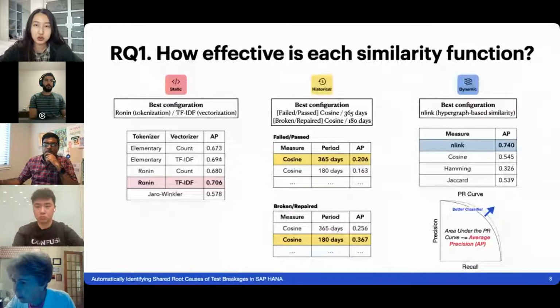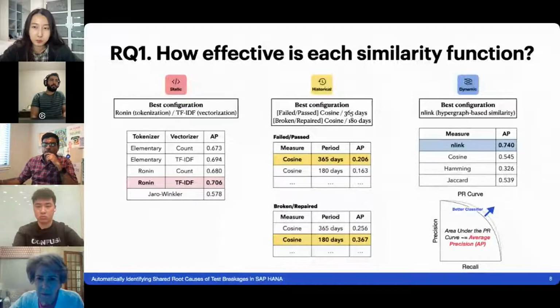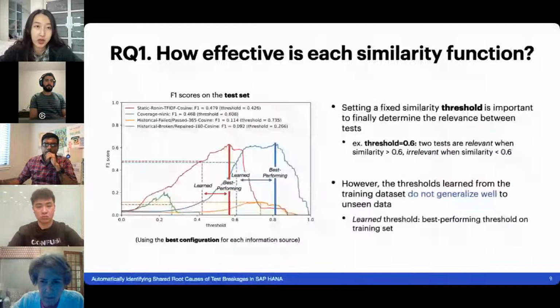And according to AP score, we found the best performing configuration for each information source.